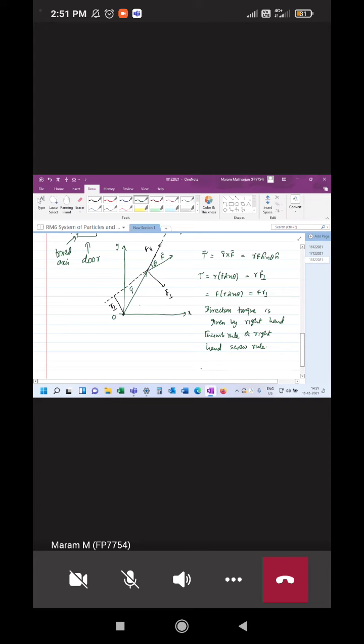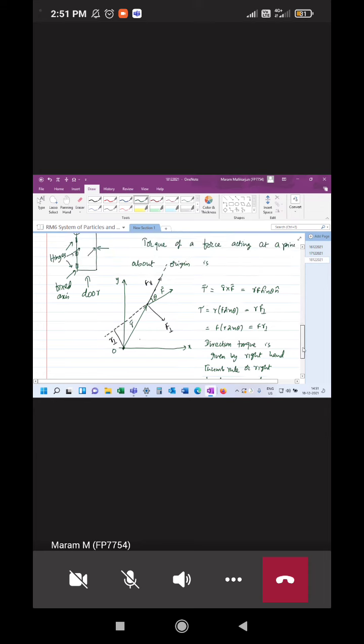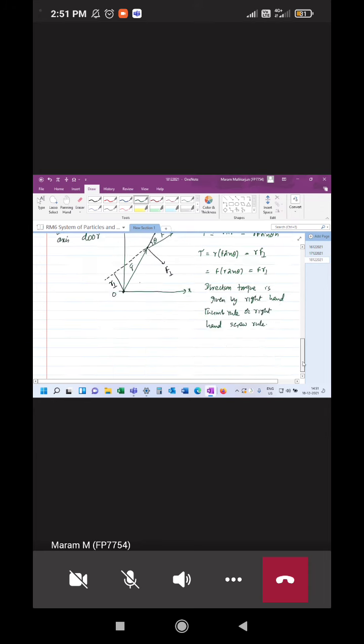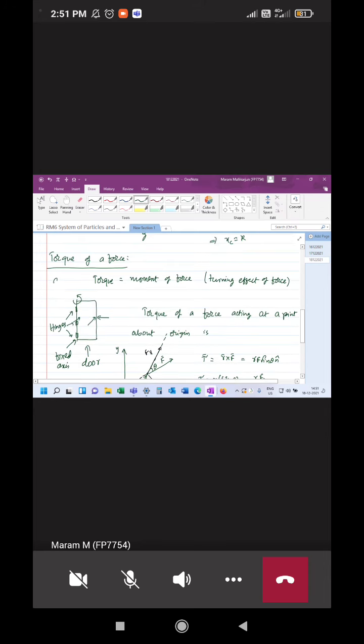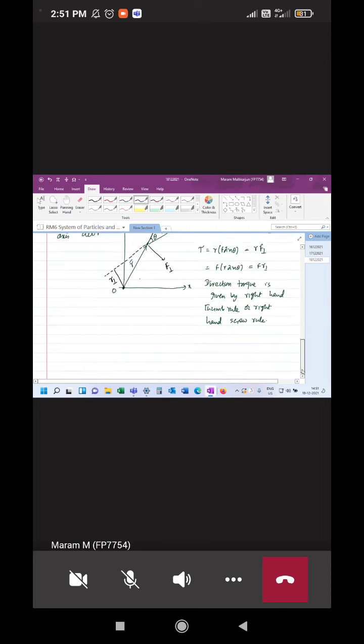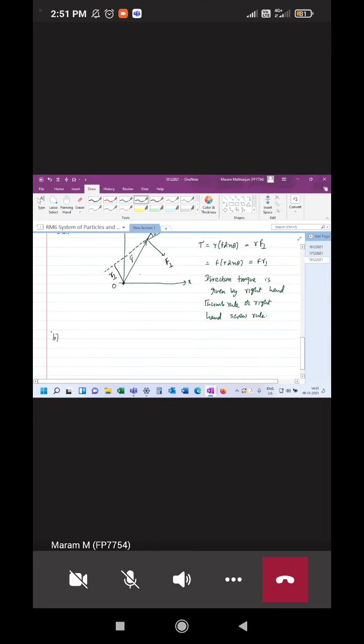Okay, so how will I calculate torque about this point? Let me write the next problem. A force F is acting at position R1 bar.